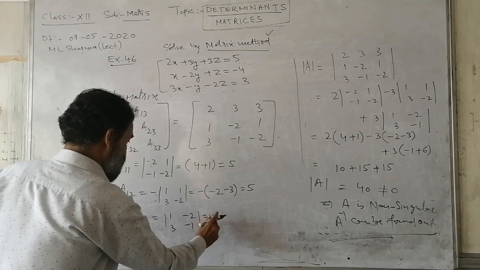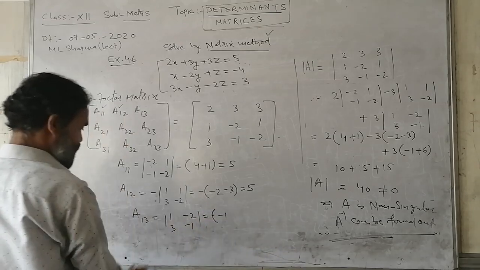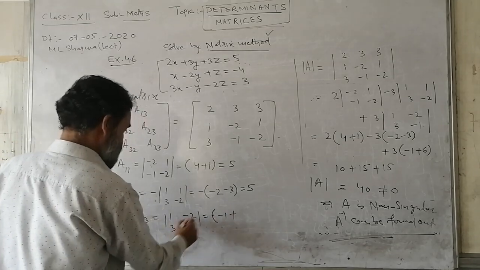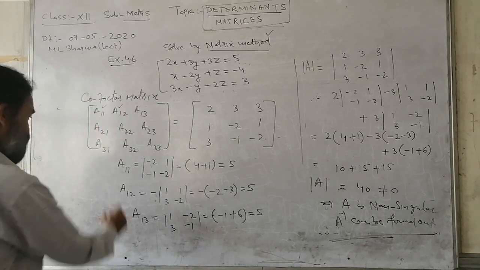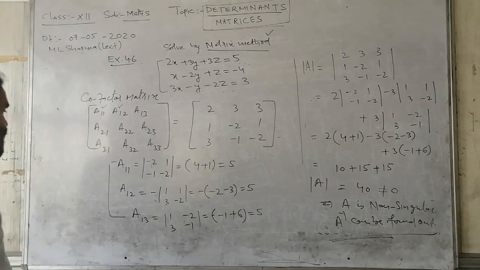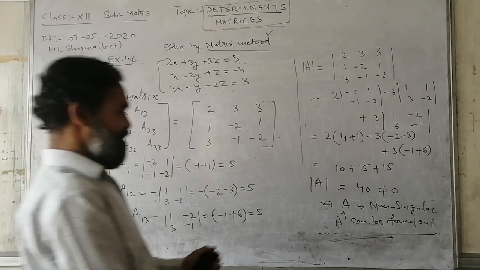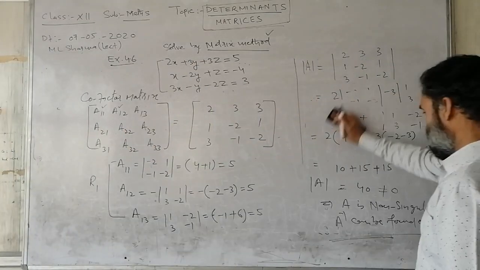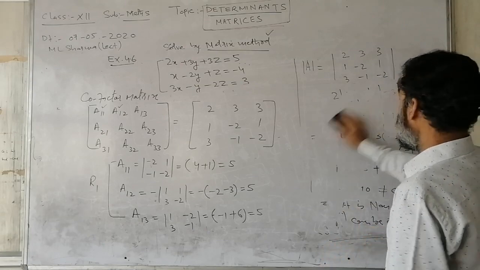So this will be equal to minus 1 plus 6, that is plus 5. So these are the cofactors of the first row. Similarly, I can find the cofactors for the other rows.